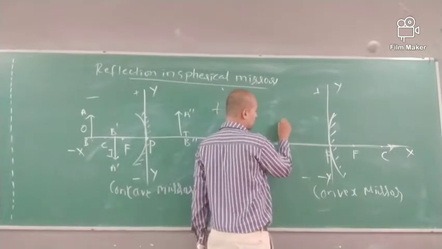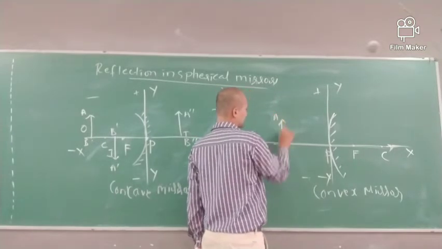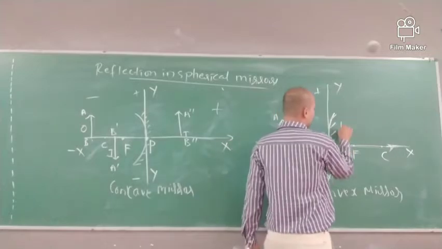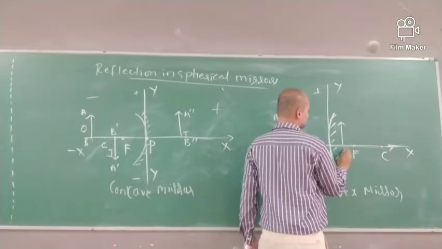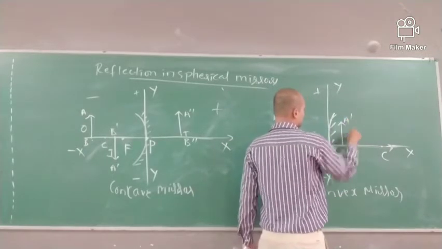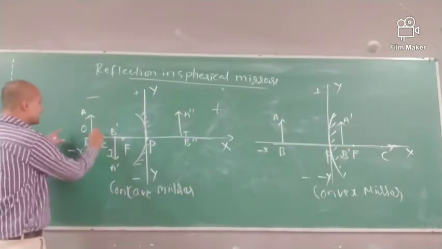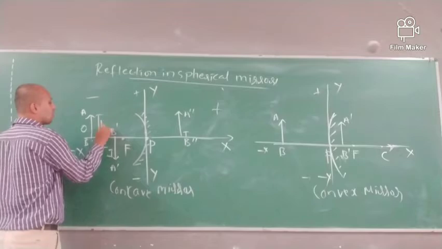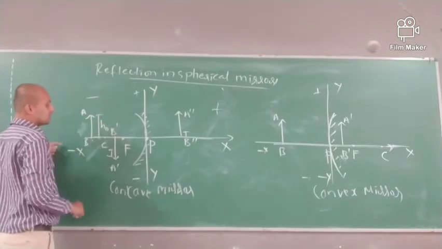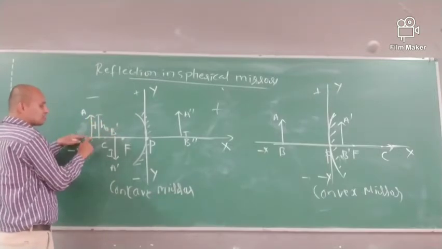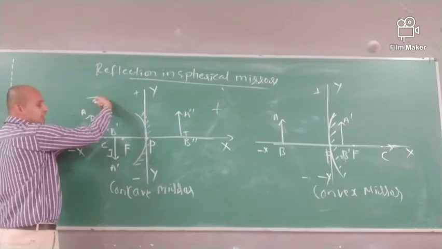Here let me take one object. Let us take one image, A dash B dash. Now see, if I take HO as the height of the object, this has to be plus because the distance from the pole is acting upward.